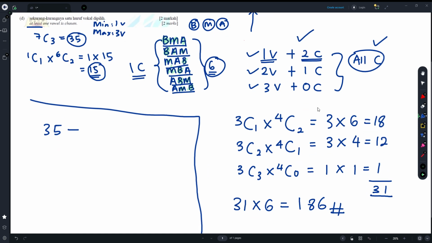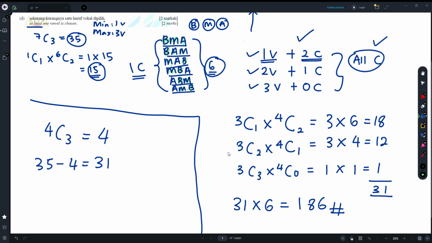So I have to choose all consonants. I have four consonants, and I'm going to choose three from them. When we do 4 choose 3, you're going to get 4.